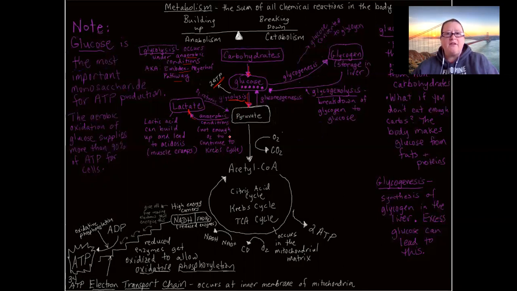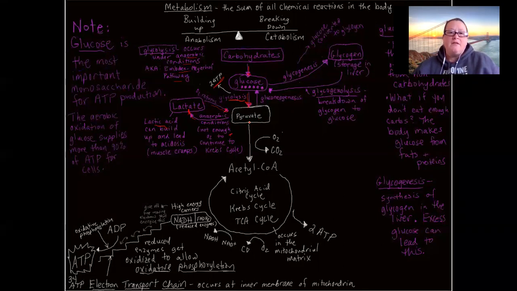So there's not enough oxygen to continue the Krebs cycle. This can result in lactic acid buildup and some acidosis or muscle cramping. If that oxygen returns, we can turn that lactic acid or lactate back into pyruvate.